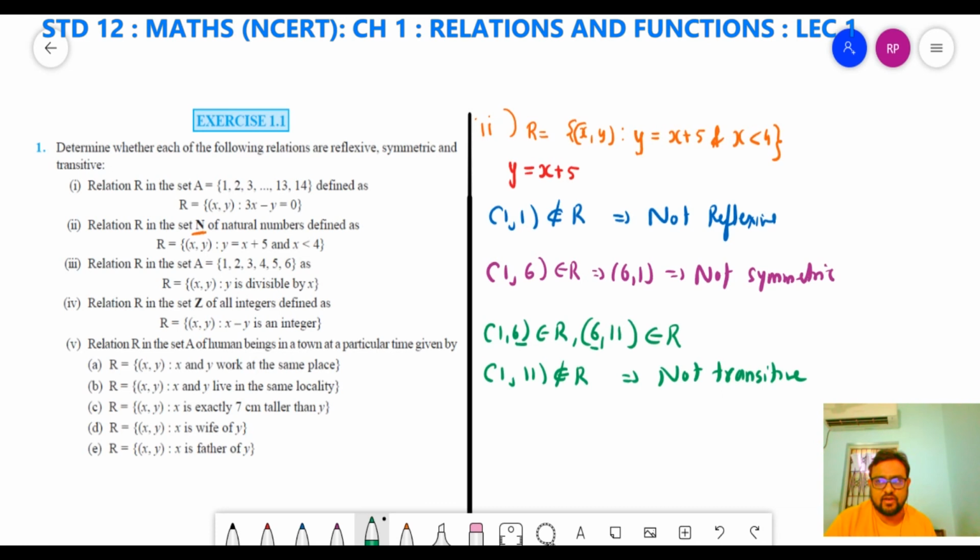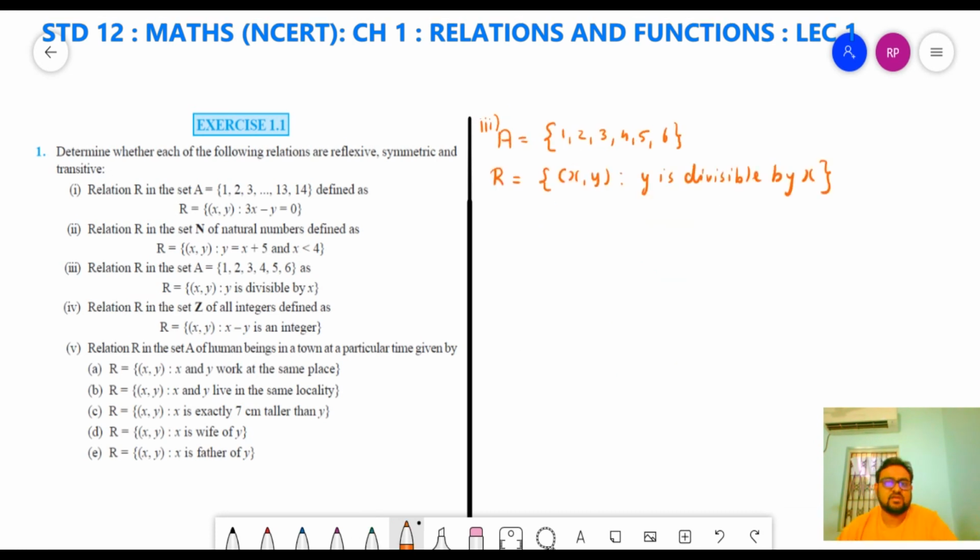Let's move to the third one. Question number third: set A is given as {1, 2, 3, 4, 5, 6}, and the relation is on set A, such that (x, y) is such that y is divisible by x. Okay, so now let's take any element a belonging to A. Every number is always divisible by itself, means a is divisible by a, right?